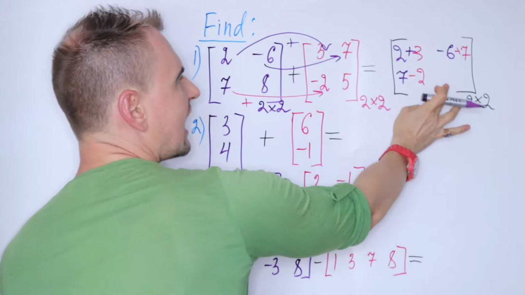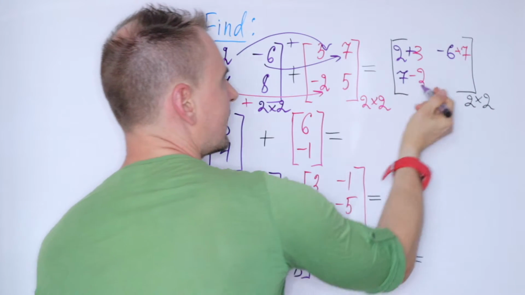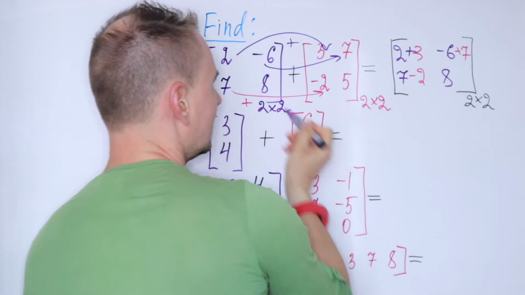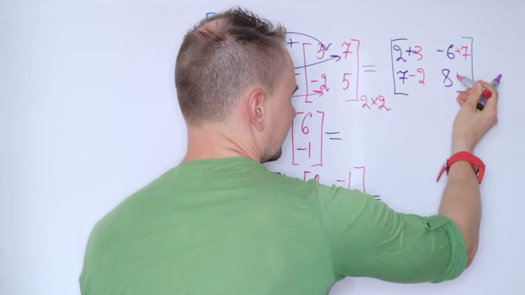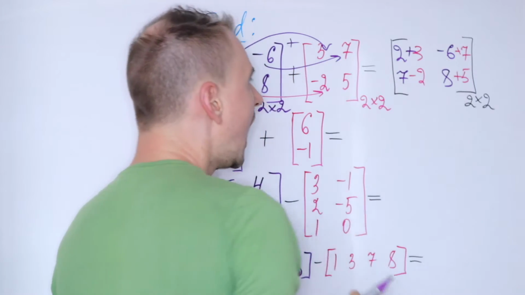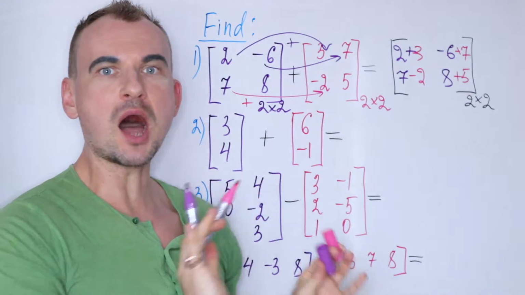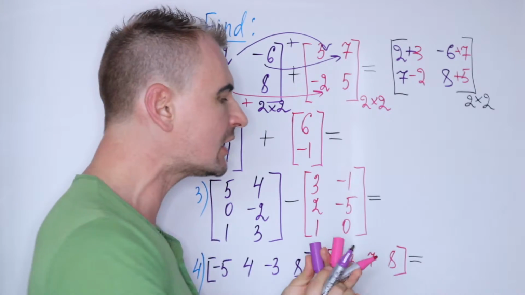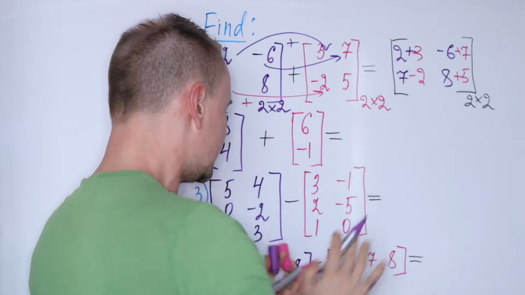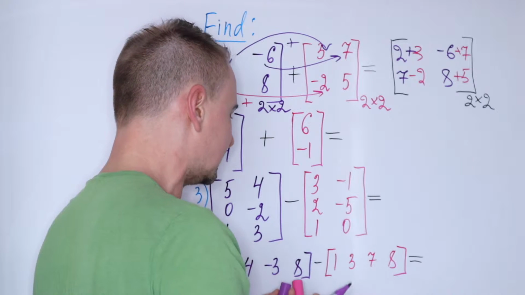And finally, the last element over here is going to be 8 plus 5. Alright, I'm just spelling it out. I mean, you could do these things in your head. It's not that difficult. So all you do is just calculate and compute these numbers.